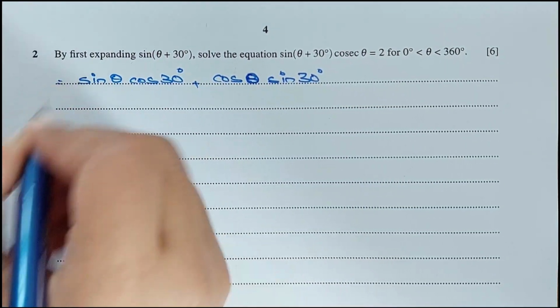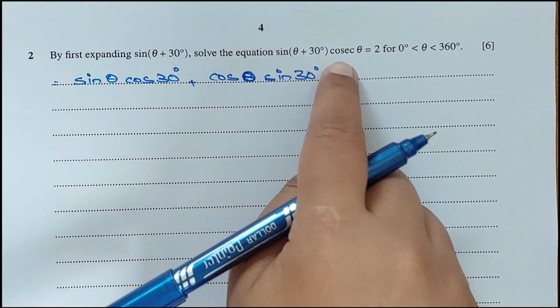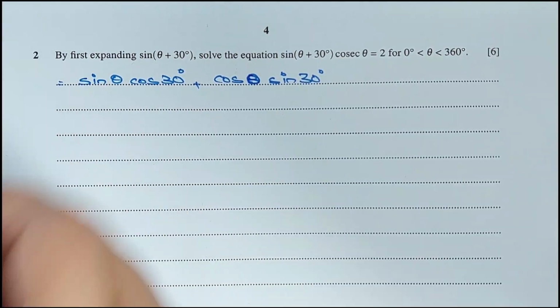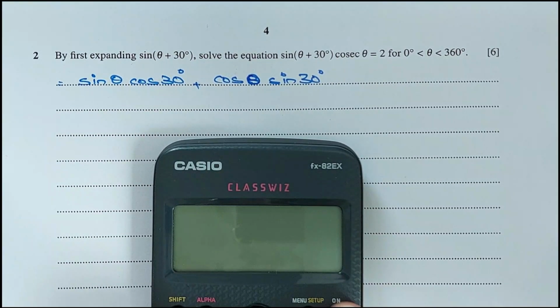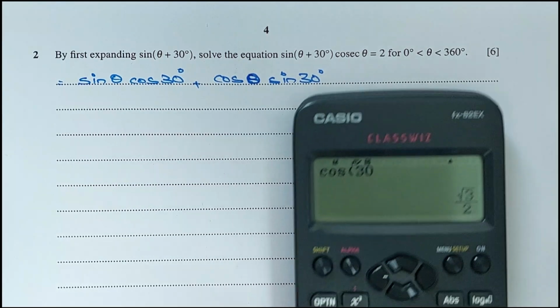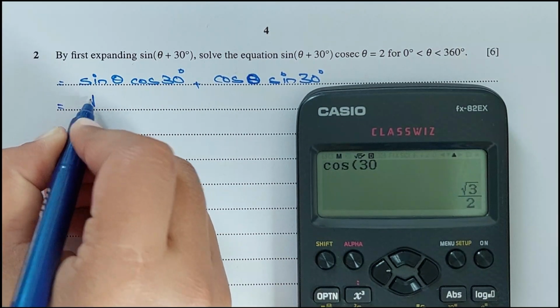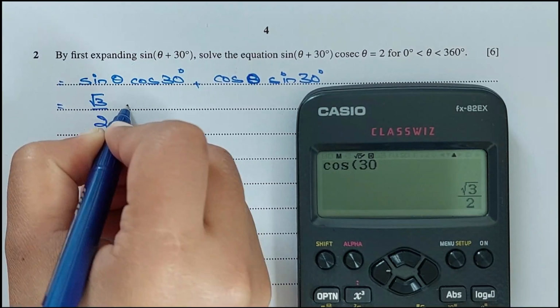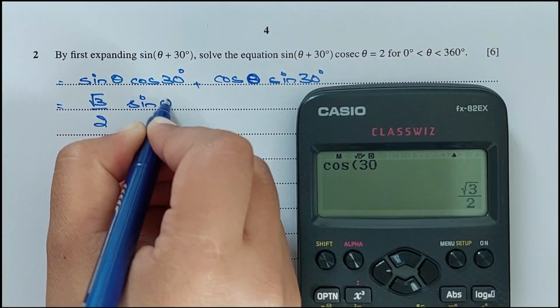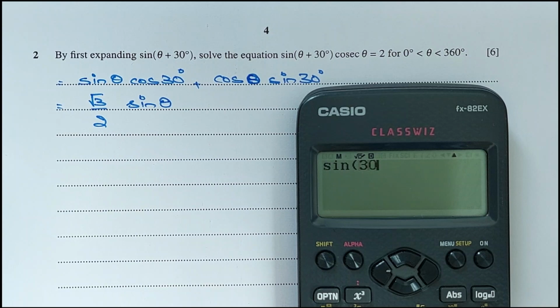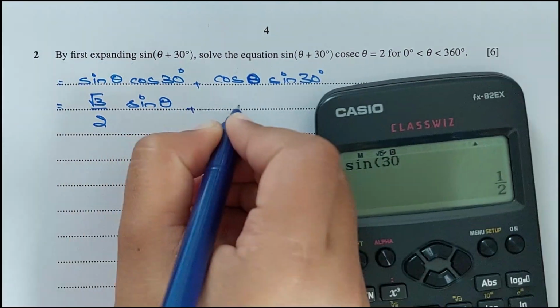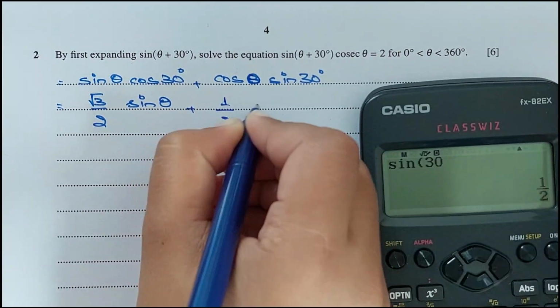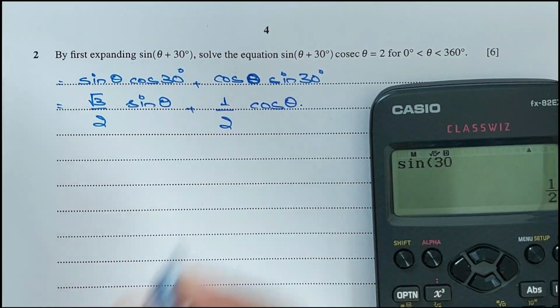First we need to expand this and then solve the equation. What is cos 30 in degrees? Cos 30 is √3/2. So we have √3/2 sin θ, and sin 30 is 1/2, plus 1/2 cos θ.